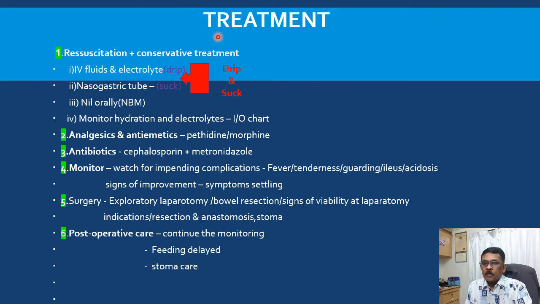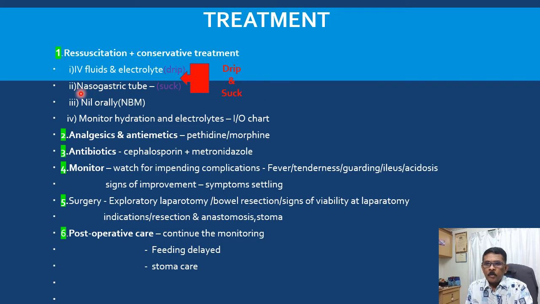We now come to the treatment of intestinal obstruction. The initial treatment is resuscitation and conservative treatment. It consists of IV fluids and electrolyte replacement. As I said, there's a lot of loss into the third space. This must be replaced, and that is the drip.